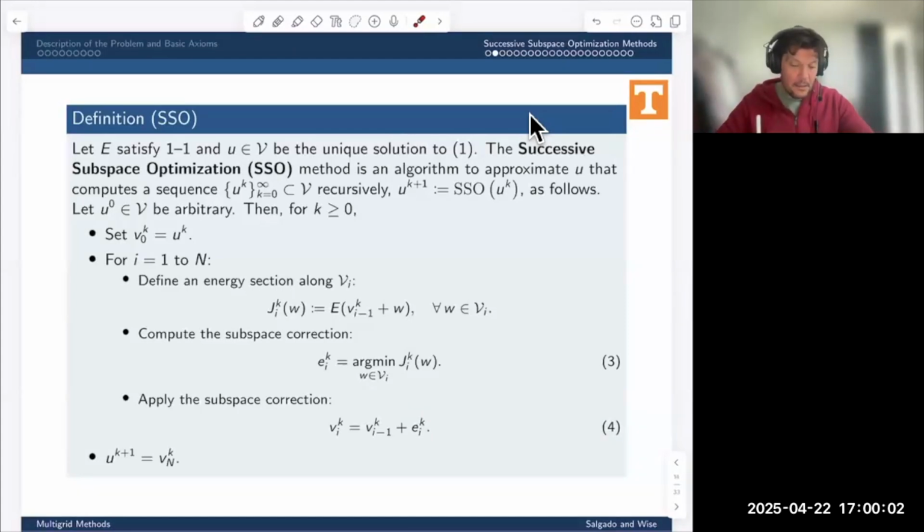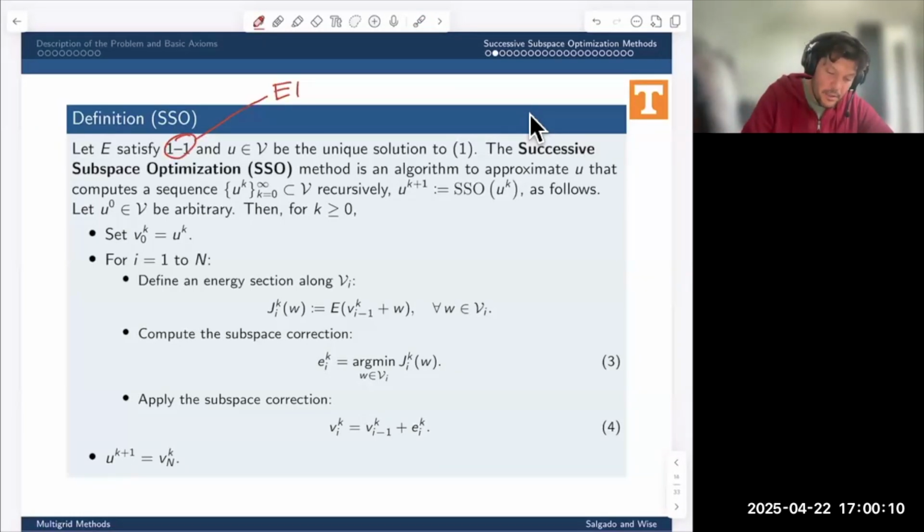We're going to let our energy satisfy assumptions E1 and E2. No, let's see, it should be E0 and E1. Okay, that's all we need for now.